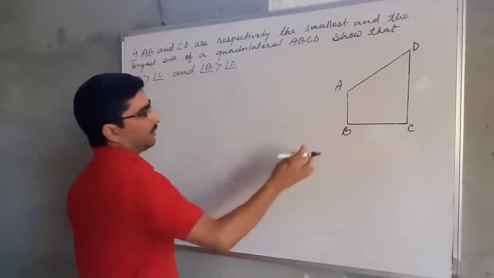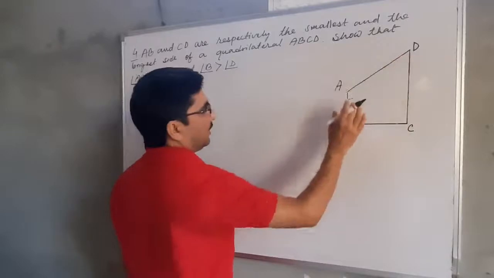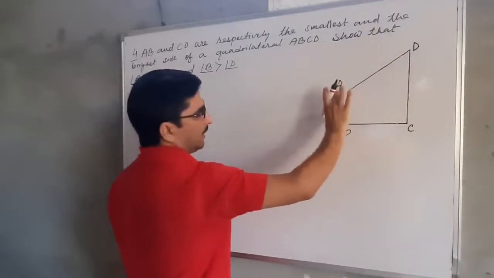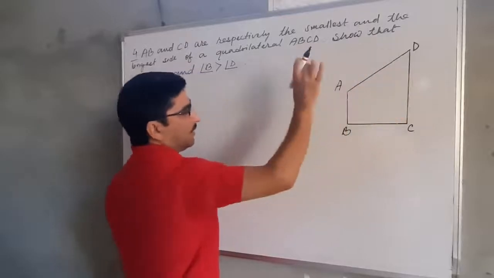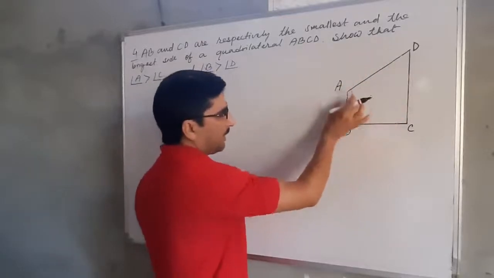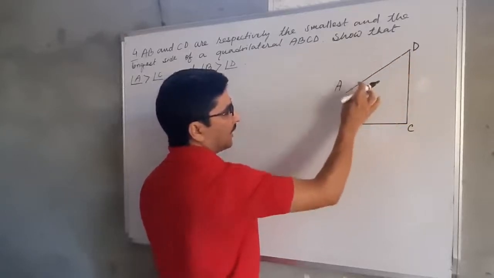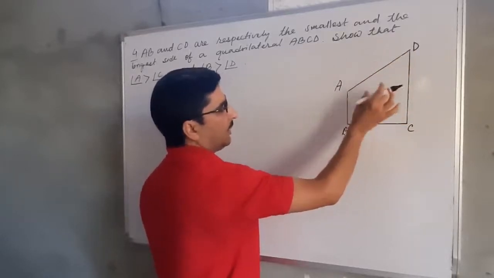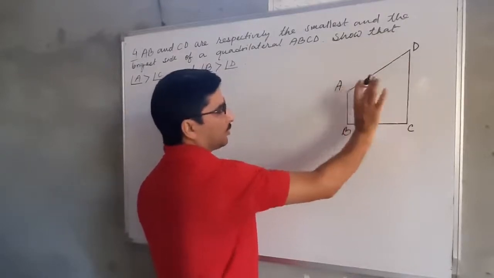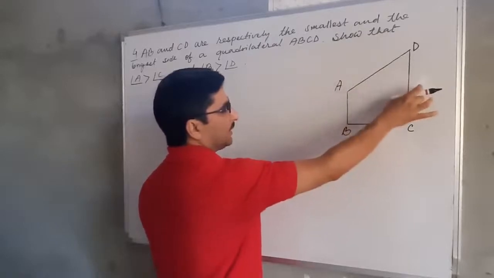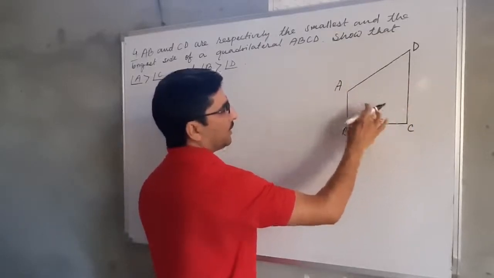We have to prove angle A is greater than angle C and angle B is greater than angle D.